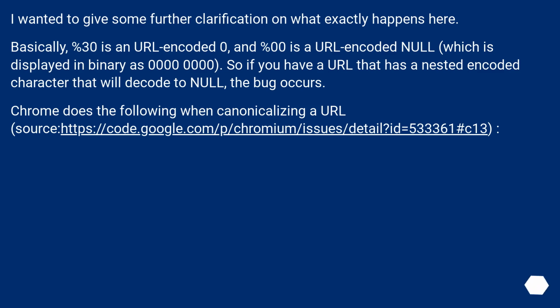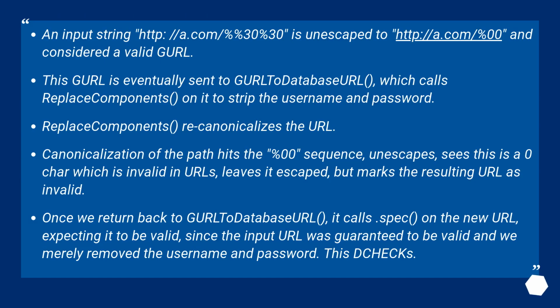Chrome does the following when canonicalizing a URL: source, this URL. An input string http://a.com/%30%30 is escaped to this URL and considered a valid GURL.